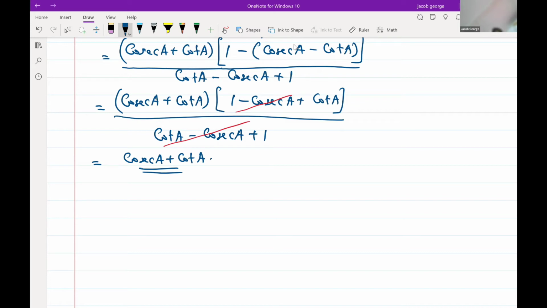This is all right. So we got RHS. The other two parts are same, so we could cancel out those two factors. The remaining part is cosec A plus cot A. We got an expression in the numerator, right? So that is the reason we replace that numerator.